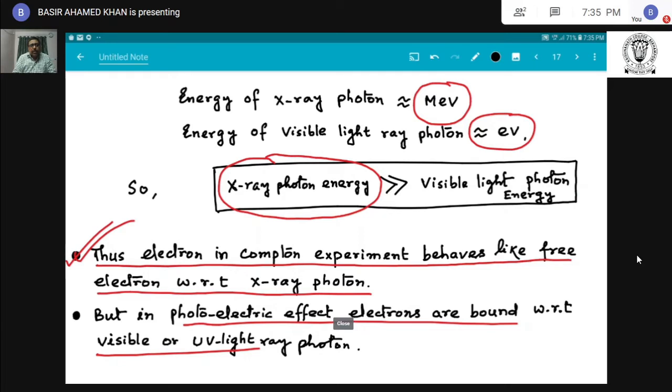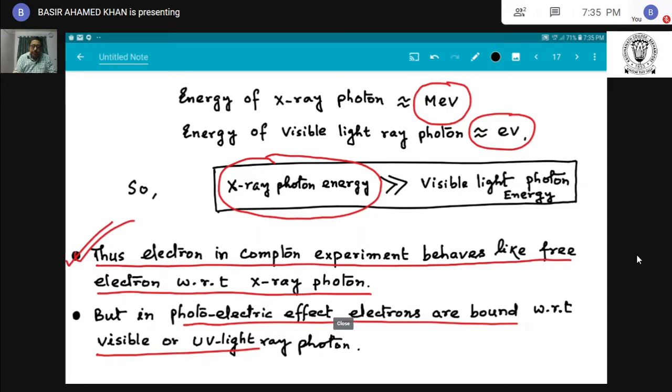So it is very clear that in Compton effect I use X-ray photon whose energy is of the order of mega electron volt, and that's why the electron is almost free, or like free, with respect to X-ray photon.